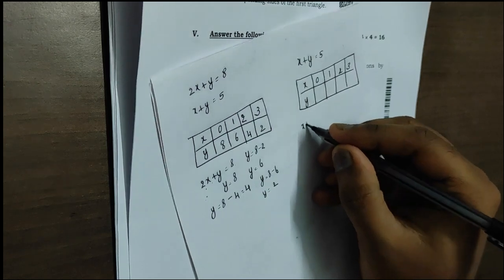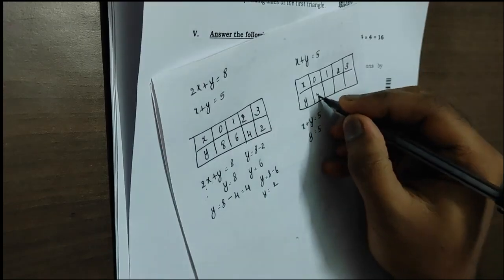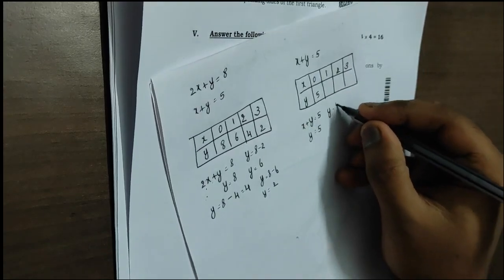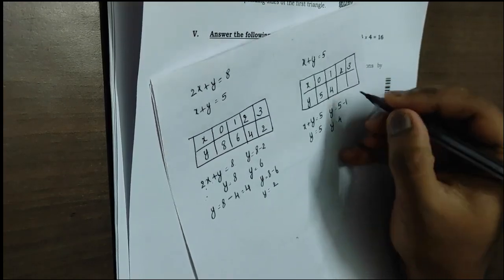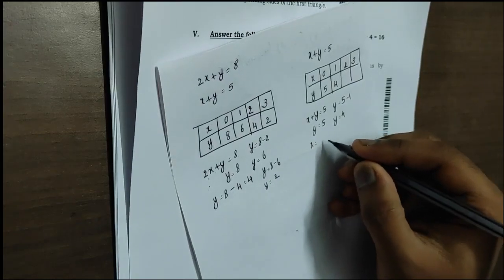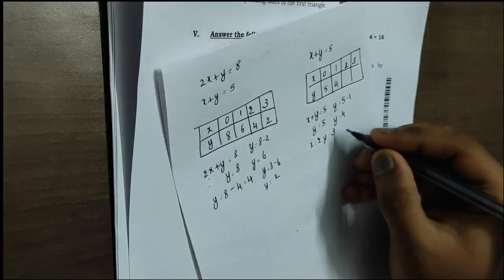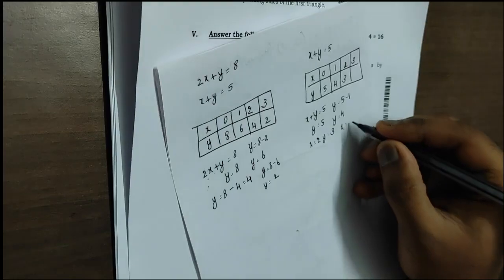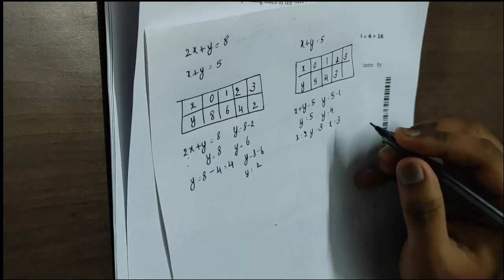When x is 0, y becomes directly 5. When x is equal to 1, y is equal to 5 minus 1, y is equal to 4. When x is equal to 2, y is equal to 5 minus 2, that is 3. When x is equal to 3, y is equal to 5 minus 3, y is equal to 2.